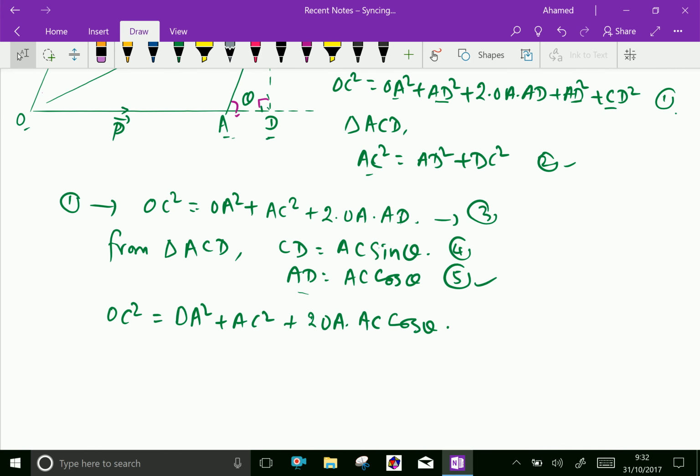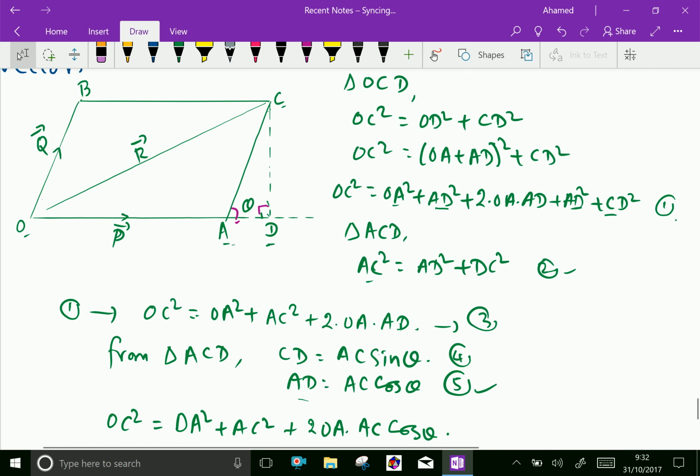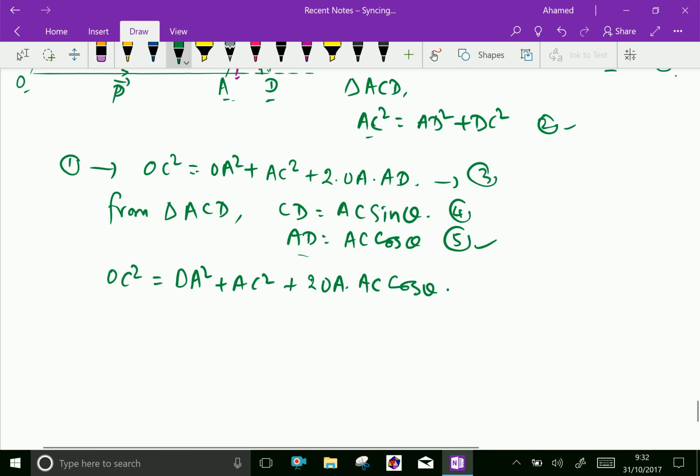Now we know that OC equals R, therefore we can write R square equals OA square, which is P square, AC square is Q square, plus 2 OA is P, AC is Q and cos theta.